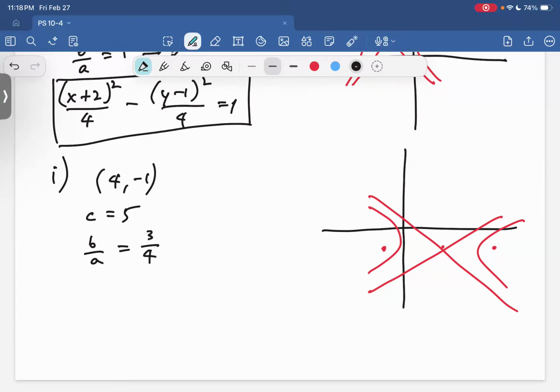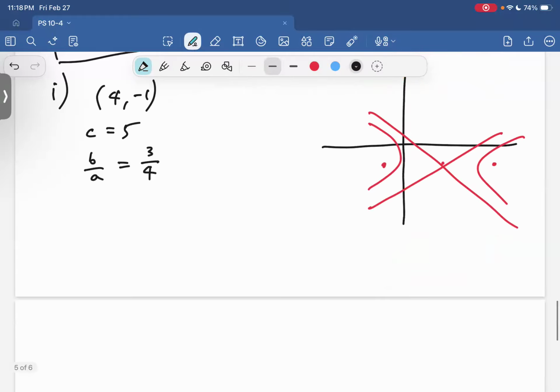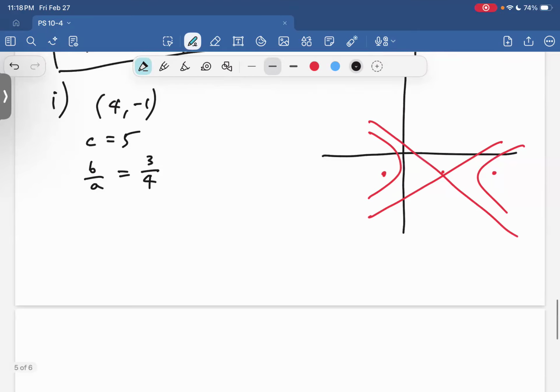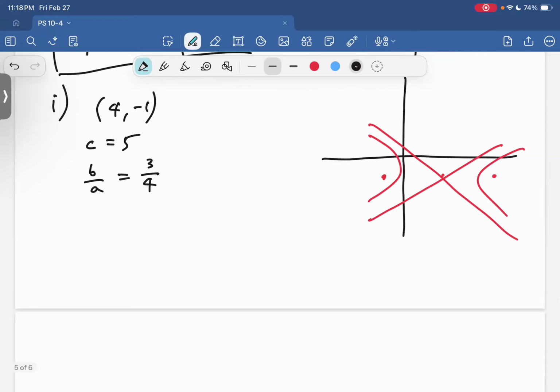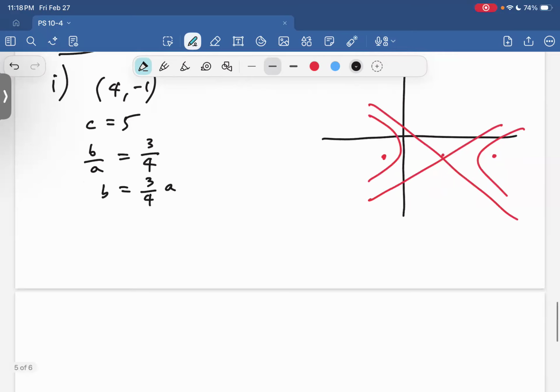Now, if you're clever, you could immediately tell that B is 3 and A is 4, because A squared plus B squared has to be 25. But if you're not clever, that's fine too. You can solve it explicitly. This is just going to tell you that B equals 3/4 times A. We know that A squared plus B squared equals 25.